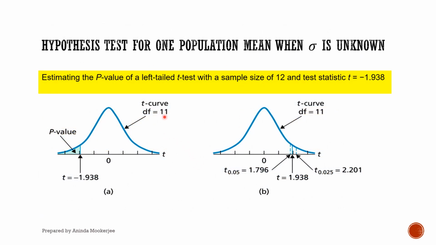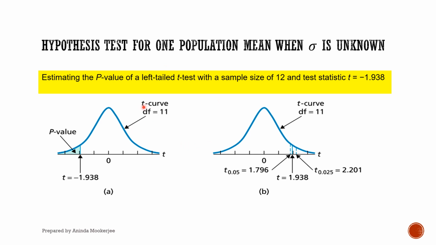Now we will talk about performing a hypothesis test when the population standard deviation is unknown. When the population standard deviation is unknown, we have to use S, the sample standard deviation, for our calculations, and hence we cannot use the Z distribution.